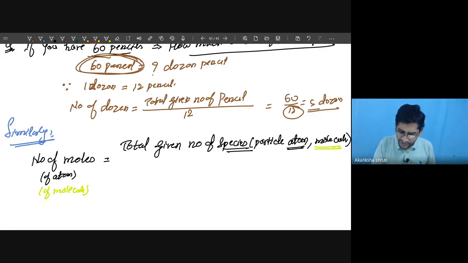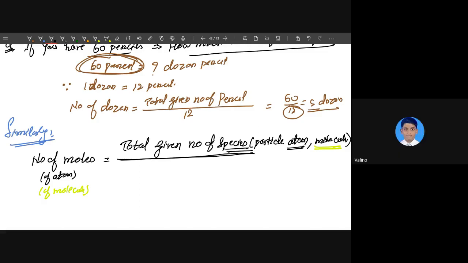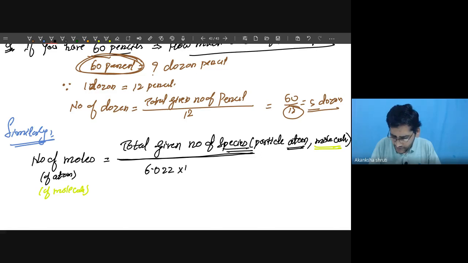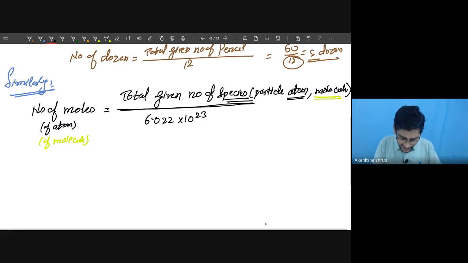So whichever kind of number is given, the same kind of mole we can get by dividing the given number by 6.022 into 10 to the power 23. The number of moles is mostly denoted by n, the total given number is mostly denoted by capital N, and the Avogadro number is denoted by N0 or rather Na. So this is the formula.